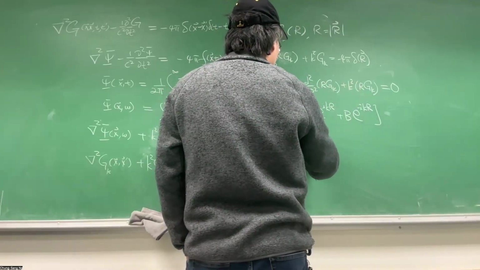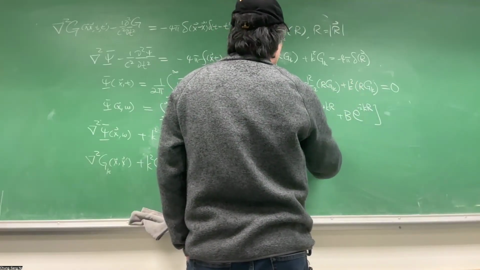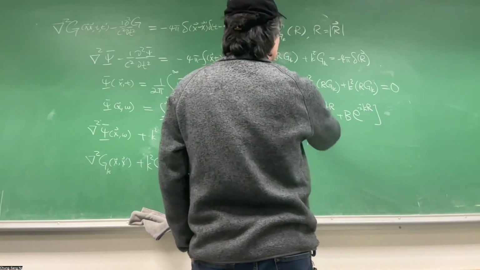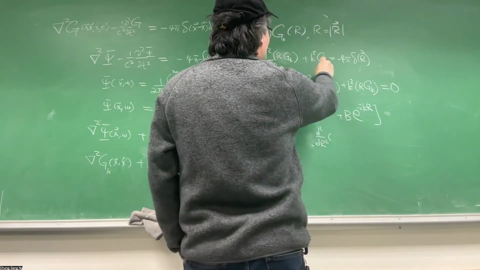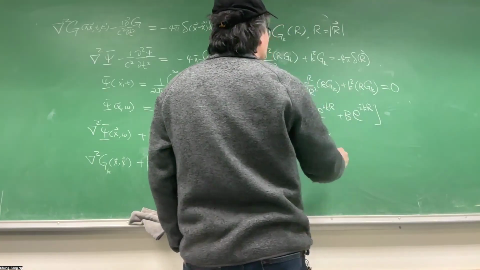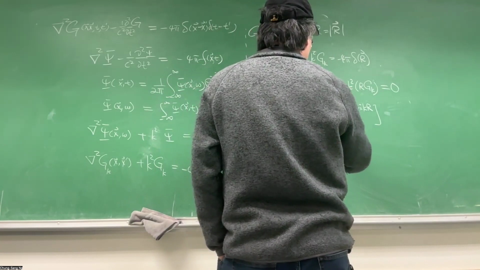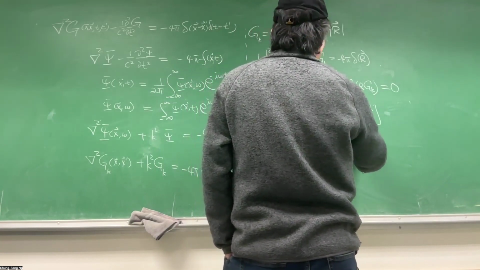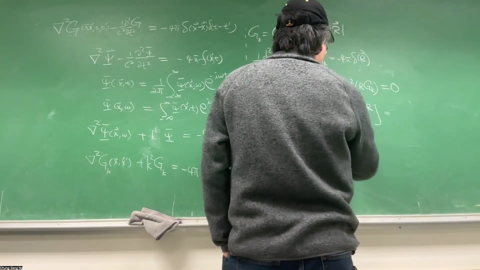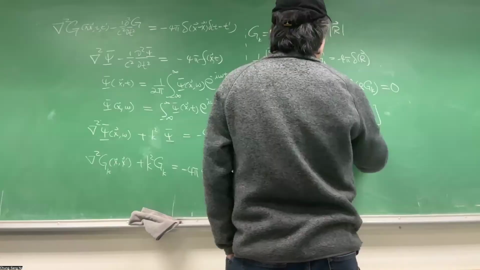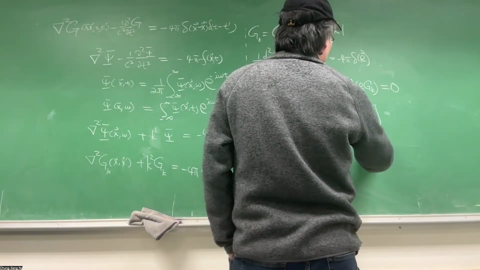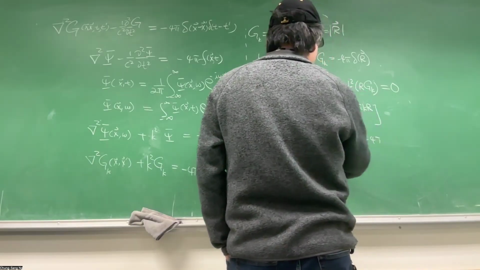So you can just say that you multiply by R here, and you ignore this term, leaving minus 4 pi delta.